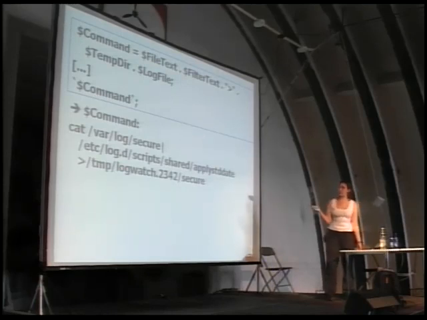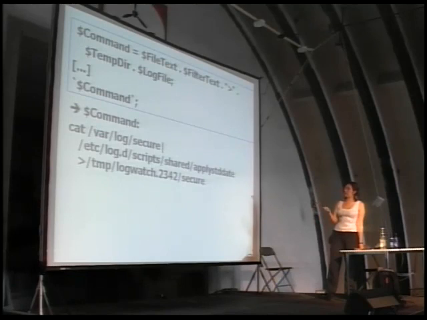It just filters out all the relevant entries by date. So if you declare that the logwatch is to look at log entries from yesterday, then it just filters out all the log entries from yesterday and outputs this into its temporary directory, which, remember, we now own.